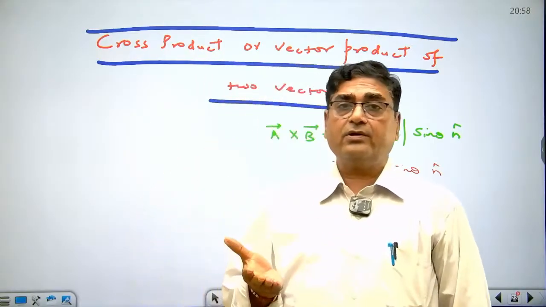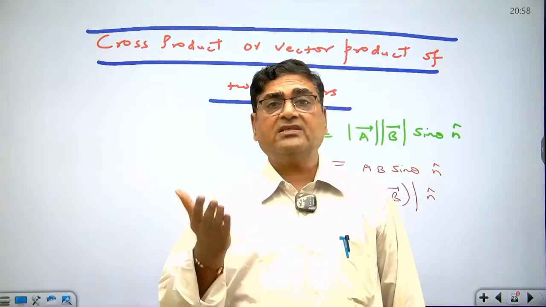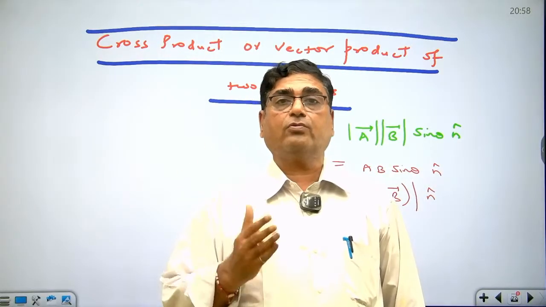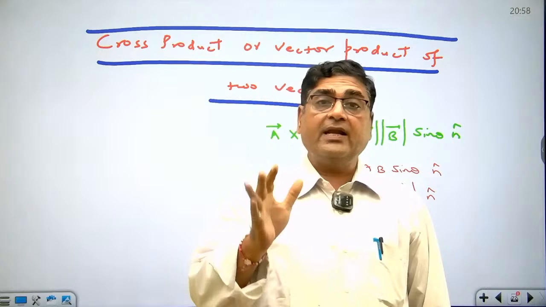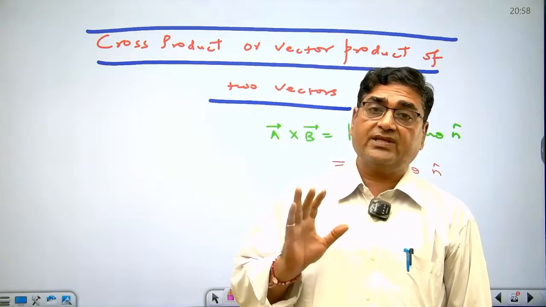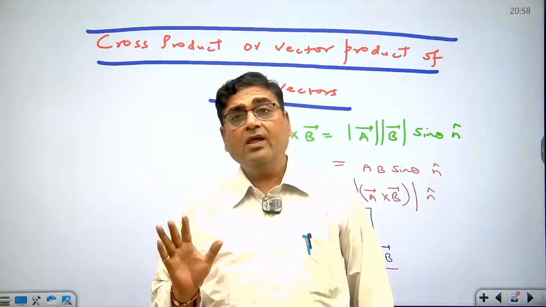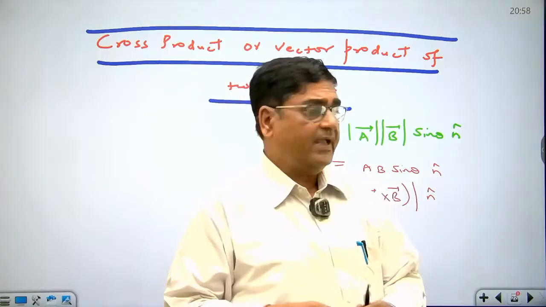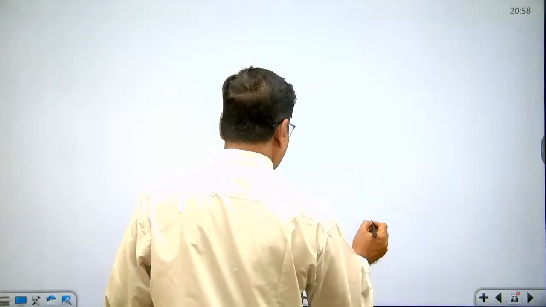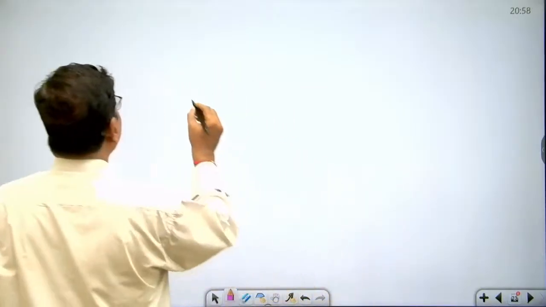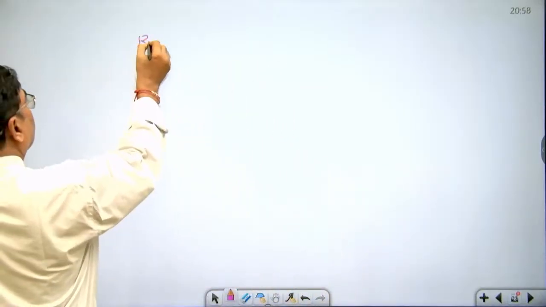A cross B will not be equal to B cross A. Though their magnitudes are the same, they are not the same in direction. They are anti-parallel to each other. Okay. So dear student, let's write some important properties of vector product.